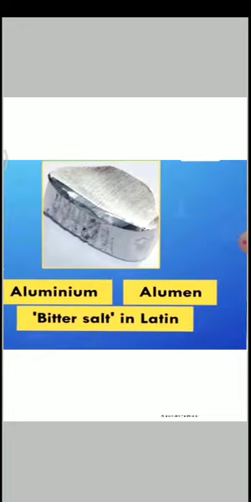According to the name of the sun god Helios, the name of the element is helium. Some elements get their names from other languages, like aluminium, which came from alumen, meaning bitter salt in Latin.